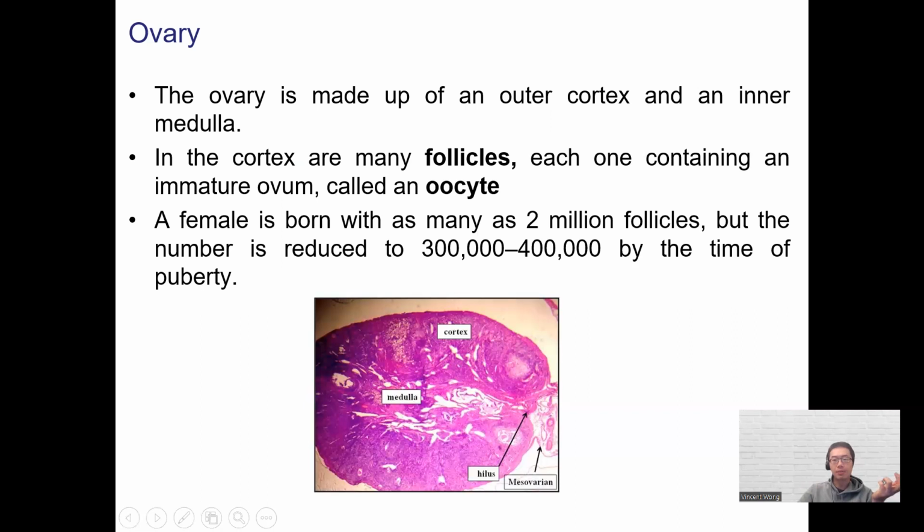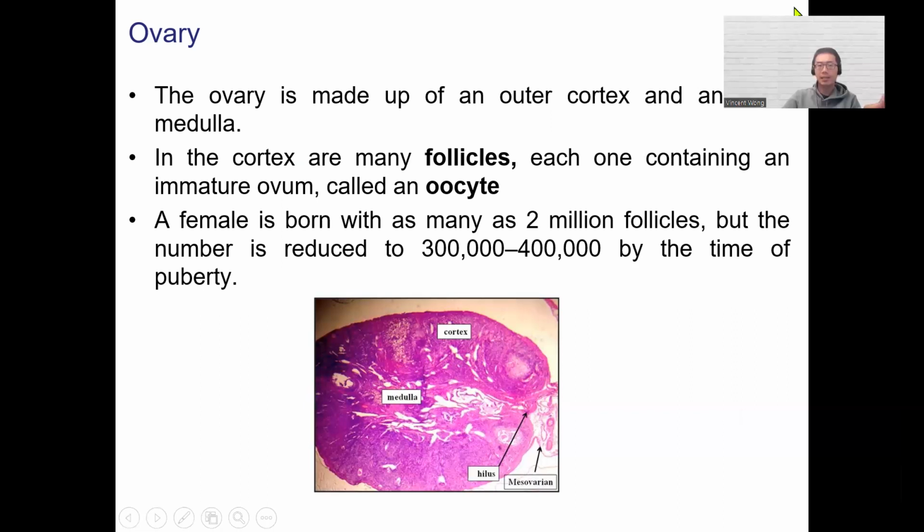Females are born with all the eggs that they're going to have in their entire lives, but they're all suspended in meiosis 1. Until puberty, then each cycle, one egg will continue to mature and wait for fertilization to occur. And that's what these follicles are. They contain an immature ovum called an oocyte.